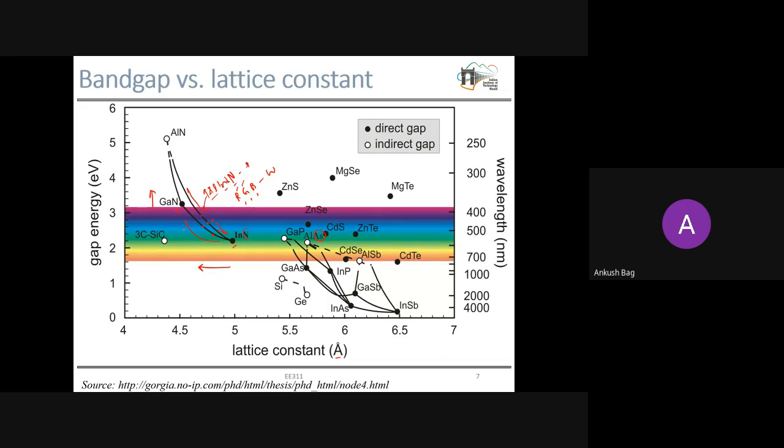And another interesting thing, apart from this light emission and tuning the band gap, is the lattice constant. In the previous slide, I mentioned that not all combinations are possible due to the lattice constant. What is the importance of this? In this compound semiconductor, if we remember the last class, where I showed the steps involved to develop this compound semiconductor, we take some wafer, round-shaped like a CD, that I mentioned.